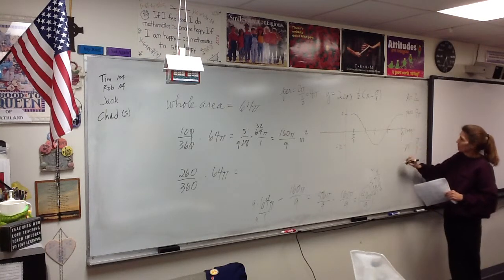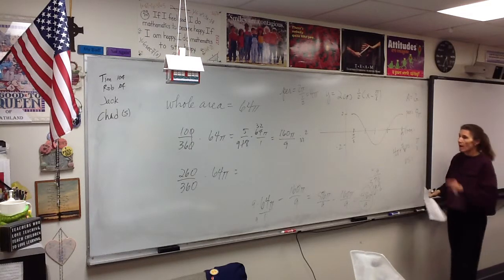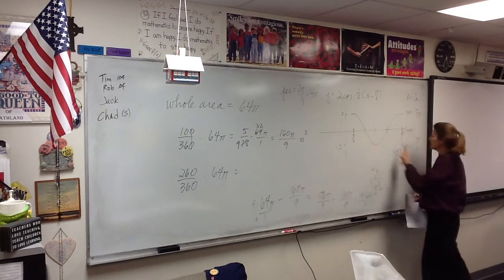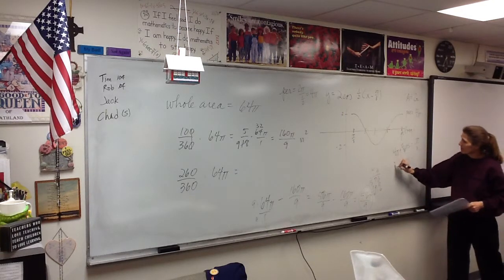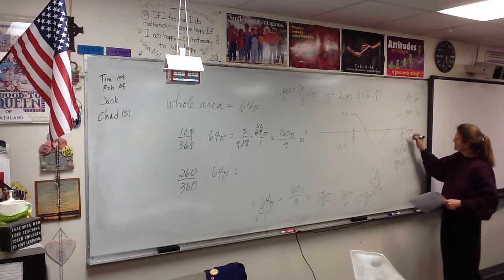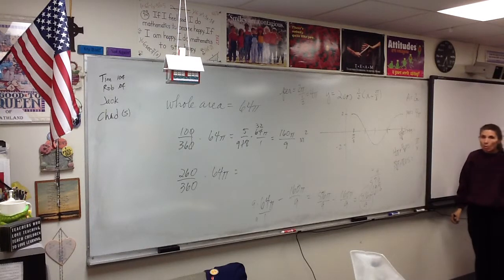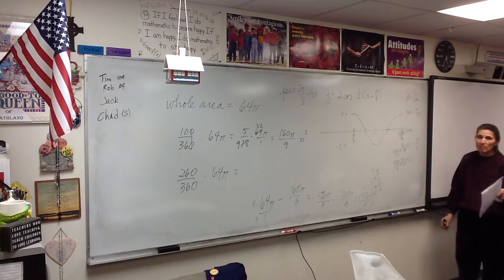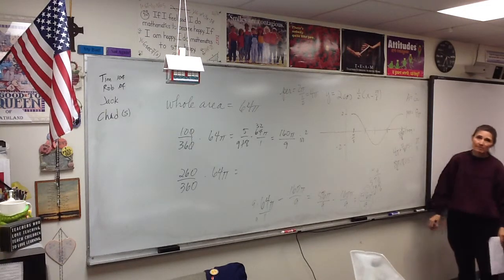So this label will be 4 pi plus pi over 8. I'm starting at pi over 8 and adding 4 pi. So I get myself a common denominator. That would be 32/8 plus 1/8. This label right here is 33 pi over 8. 1/8 pi plus 4 pi, 4 1/8.